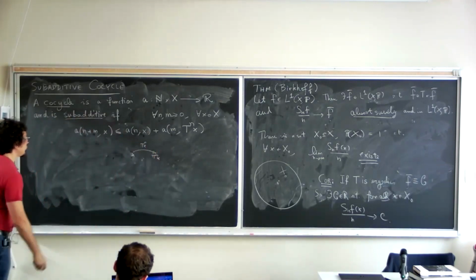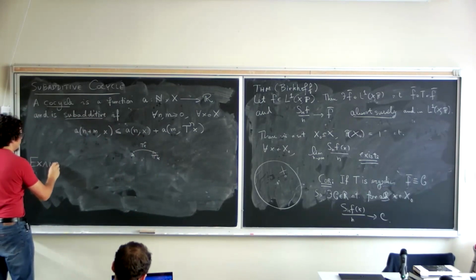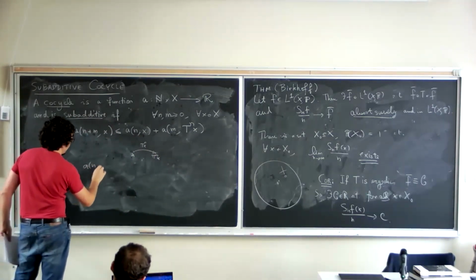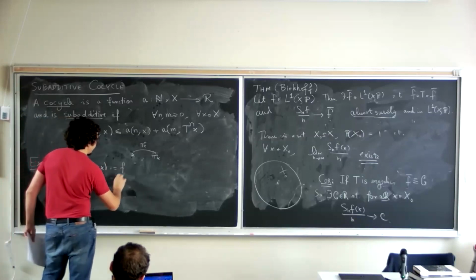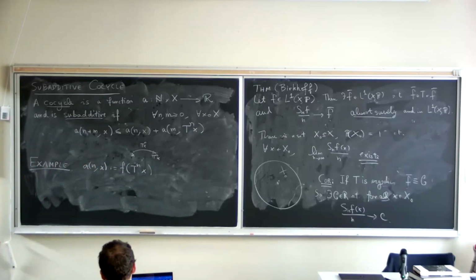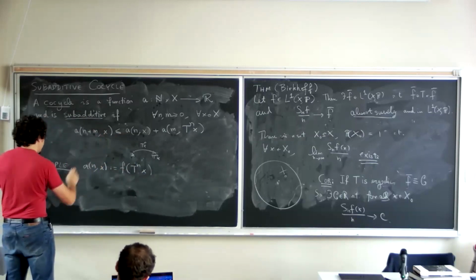So the obvious example is what we already saw. If you take A_n(x) to be f of T^n x, the function after n steps, well, it's obvious. Now let's check, right? So what does it mean?